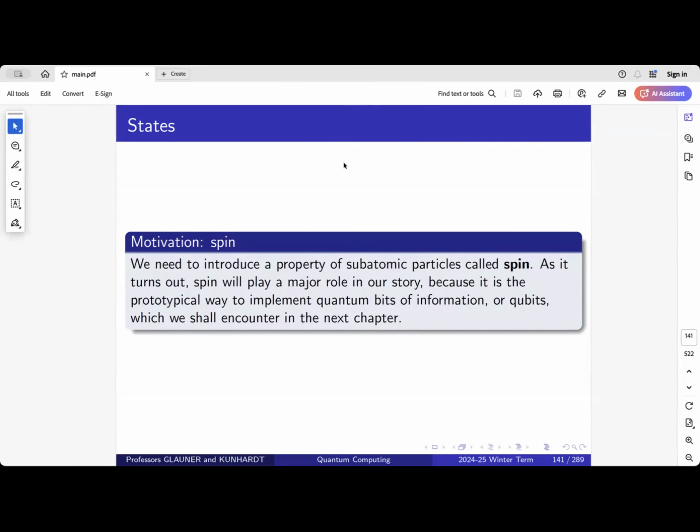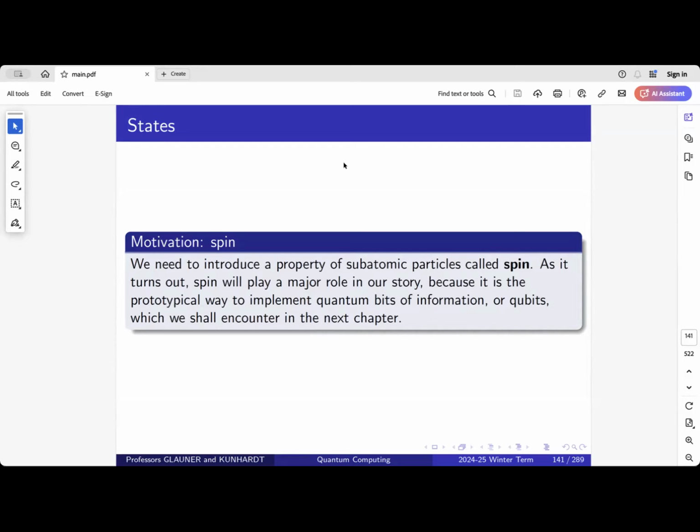If you want to learn more about other properties of subatomic particles, you can read lots in the book and in the literature. There's one property of subatomic particles called spin.